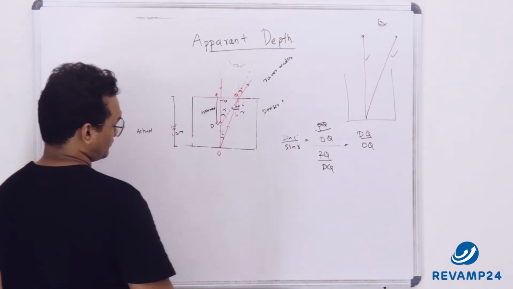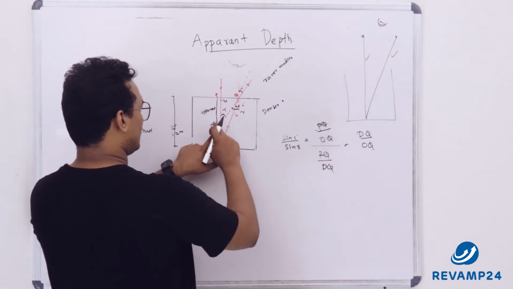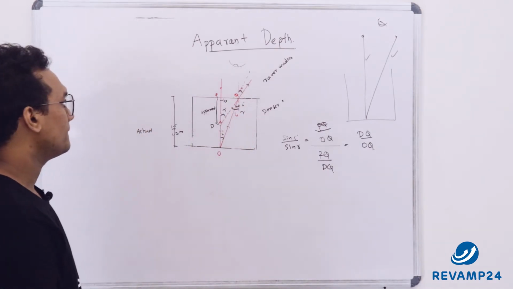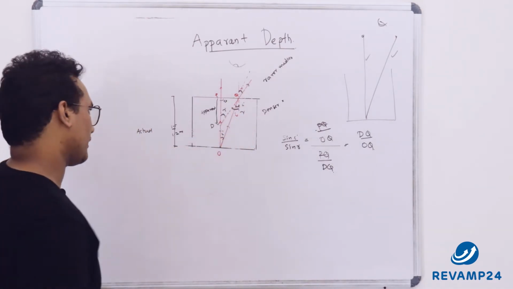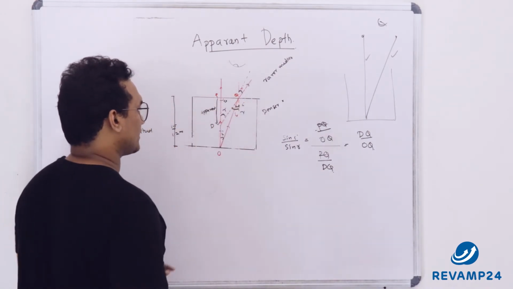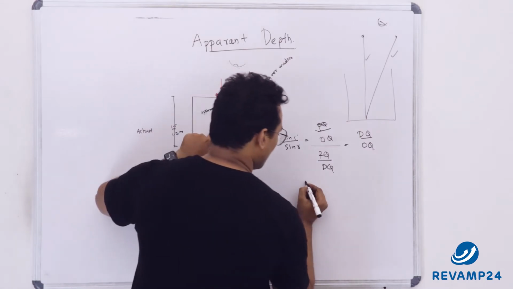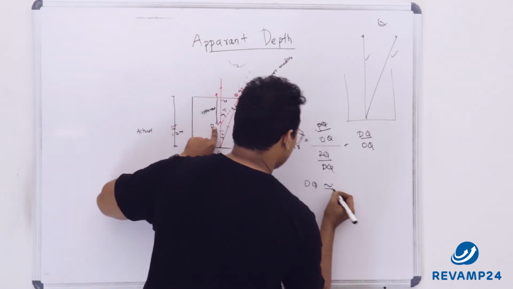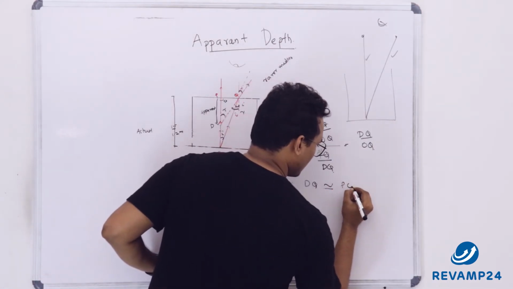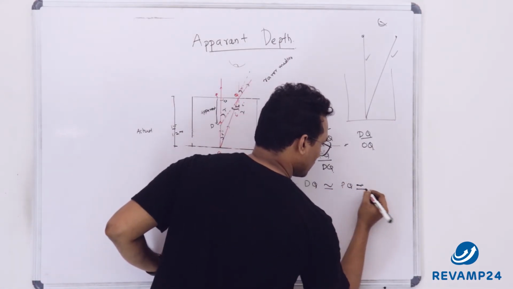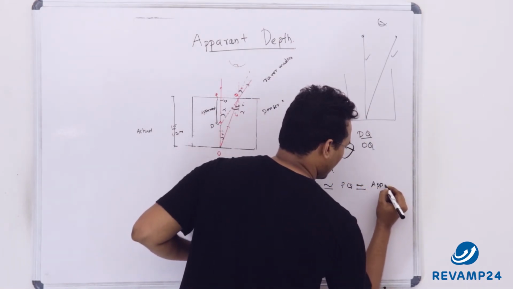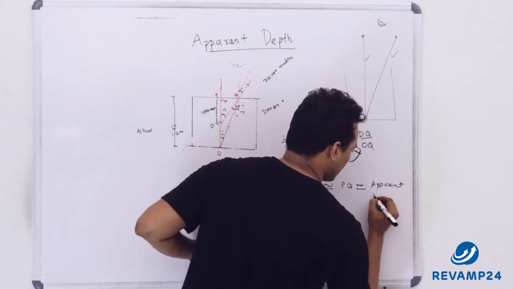Okay, now we got DQ by OQ as the ratio sin I by sin R. Now when P and Q are very close to each other, I can say that DQ is approximately equal to PD, that is equal to, what is PQ? Equal to apparent depth.